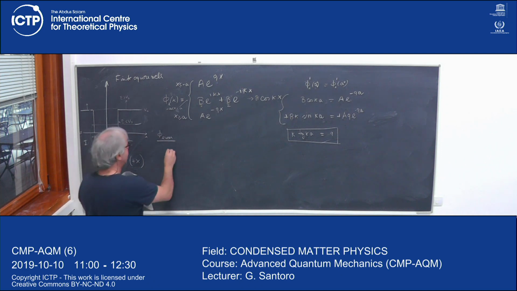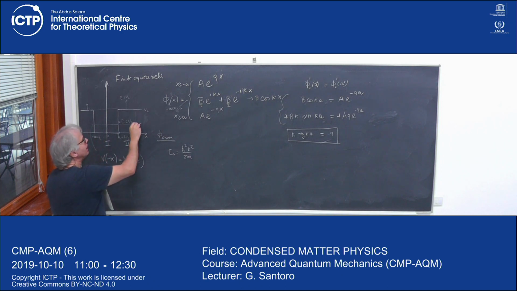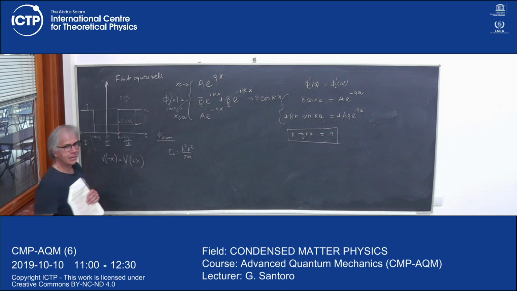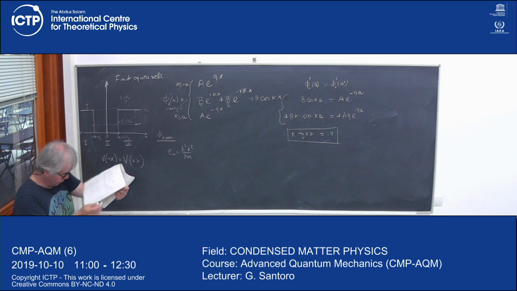Let's rewrite it. The energy is just h bar squared k squared divided by 2m. What about q? Remember, q is related to the energy as well, but I have to remember about the V0, okay? So, in fact, let me give you the expression so that I don't get it wrong.